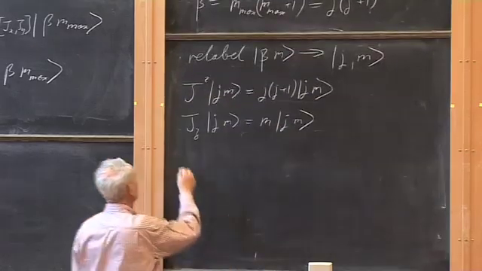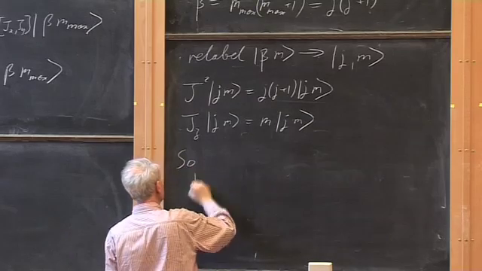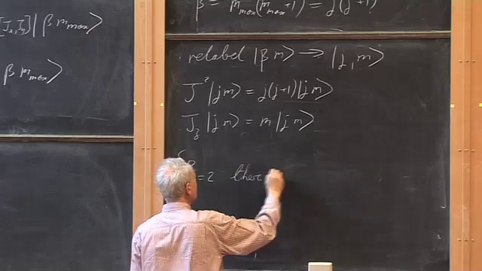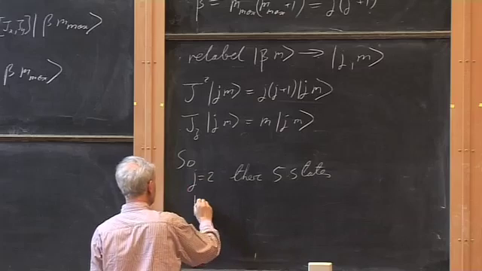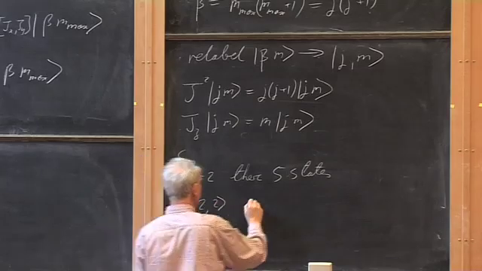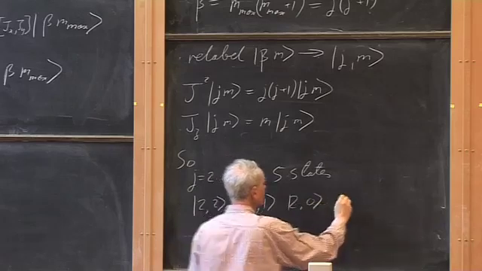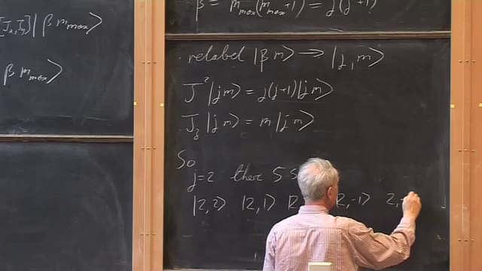So we have, if j equals 2, there are 5 states. There is 2, 2; 2, 1; 2, 0; 2, minus 1; and 2, minus 2.